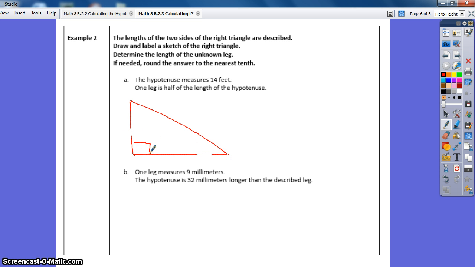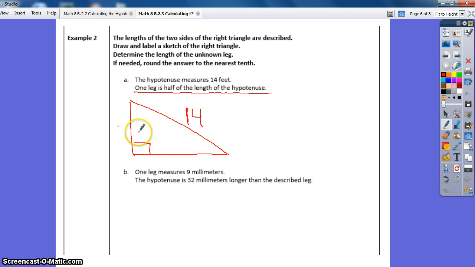The hypotenuse measures 14. Tell me where to stop. Stop. Good. That is 14. One leg is half the length of the hypotenuse. So you take this and divide it by 2 to get 7.